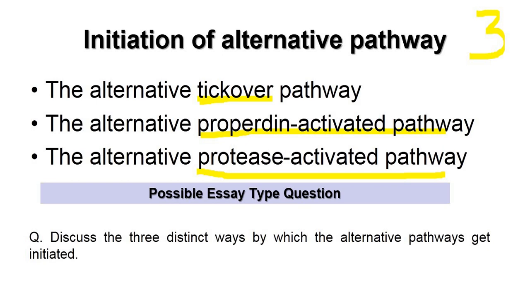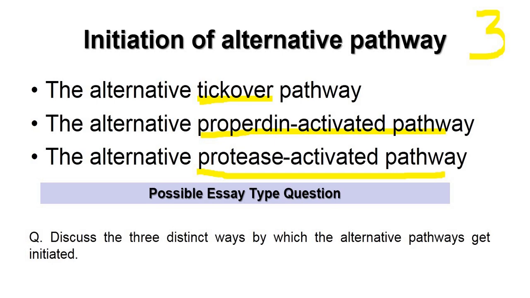If it is asked for 6 marks: 3 paragraphs, 1 paragraph each on Tickover pathway, properdin pathway, and protease activated pathway. Of course, the lengthiest is the Tickover pathway, the rest 2 are just a few sentences. So, students, try to understand that even the alternative pathway can be initiated by 3 means: the Tickover alternative pathway, the properdin activated alternative pathway, and the protease activated alternative pathway.